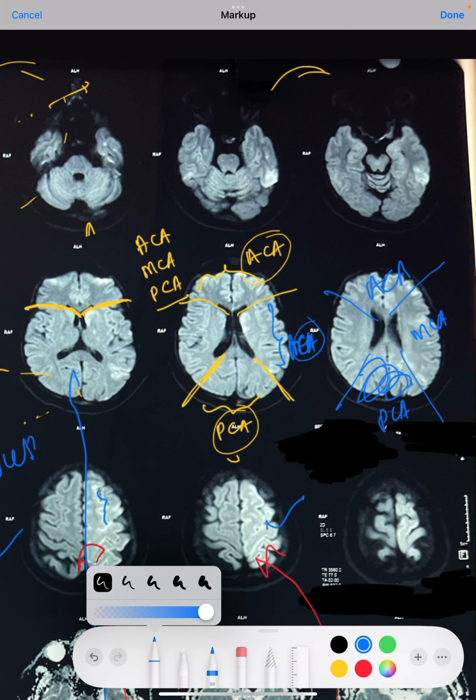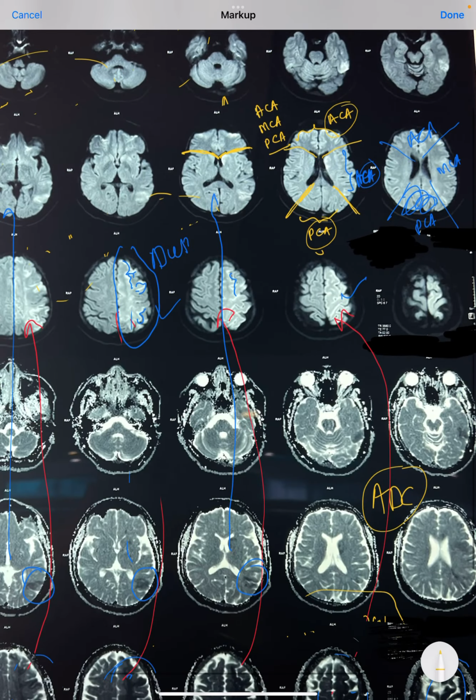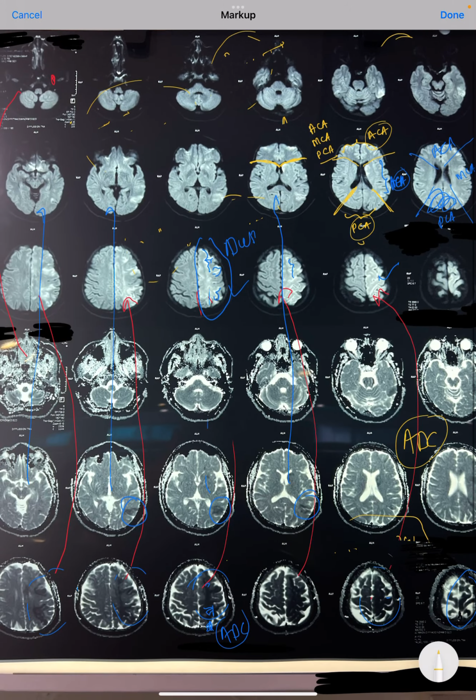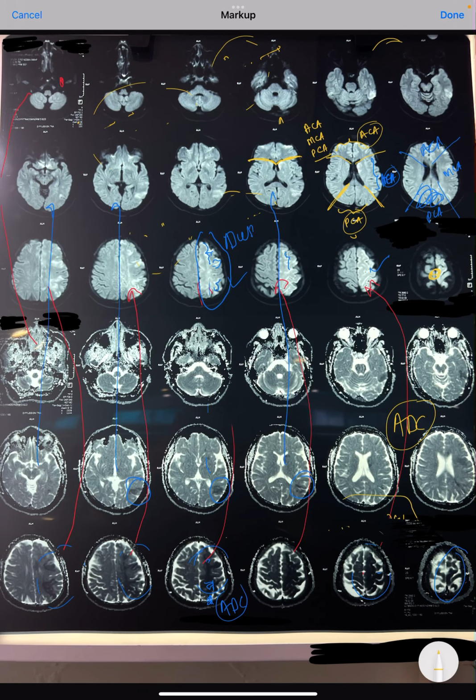And when we go above towards the parietal area, like this area, this is all supplied by middle cerebral artery. So these are upper cuts where you are not able to see any ventricle.